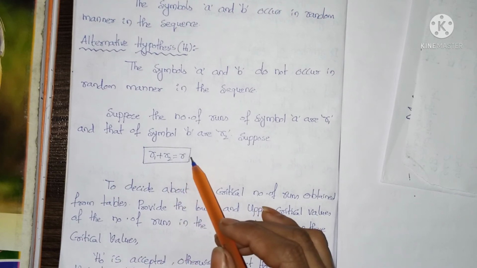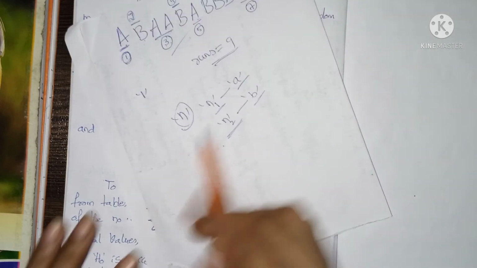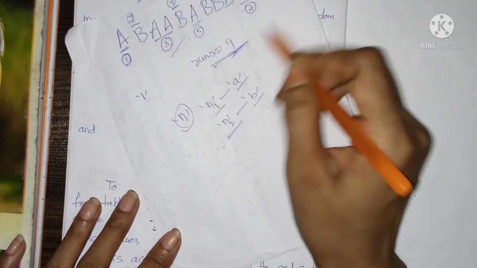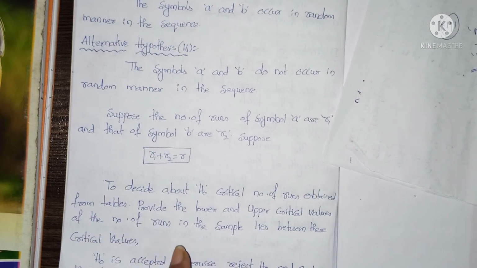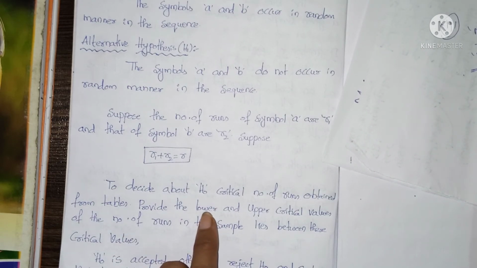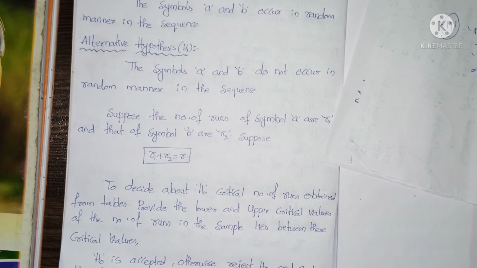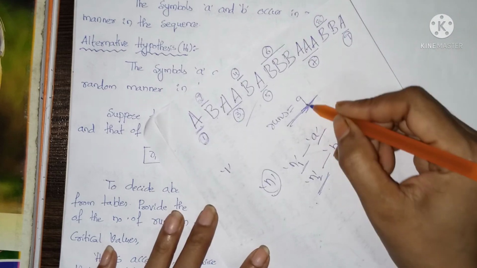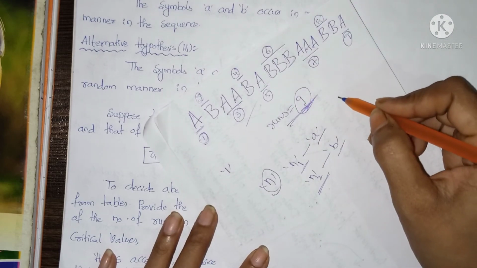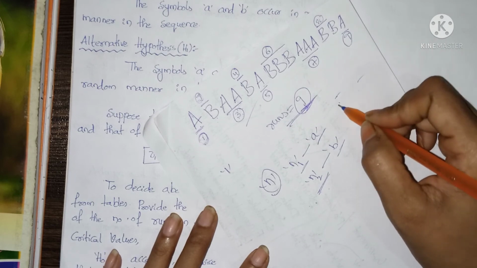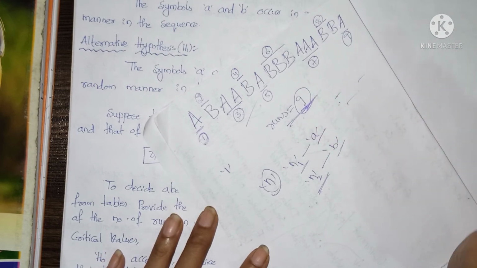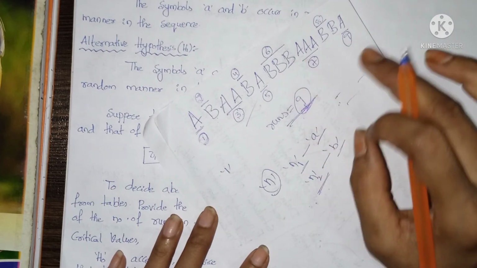Here, for example, the number of runs is 9, so we have to decide whether this 9 lies between the upper and lower critical values or not. This is an example I am telling.